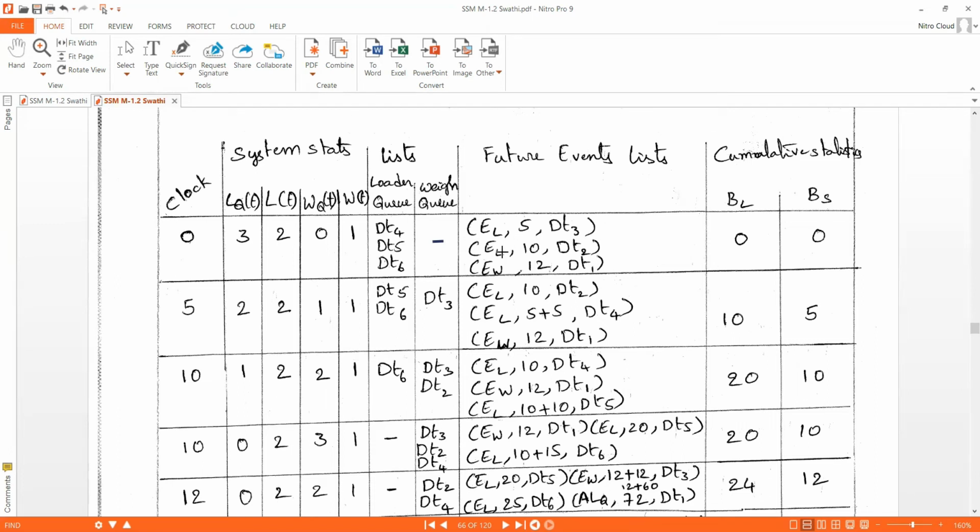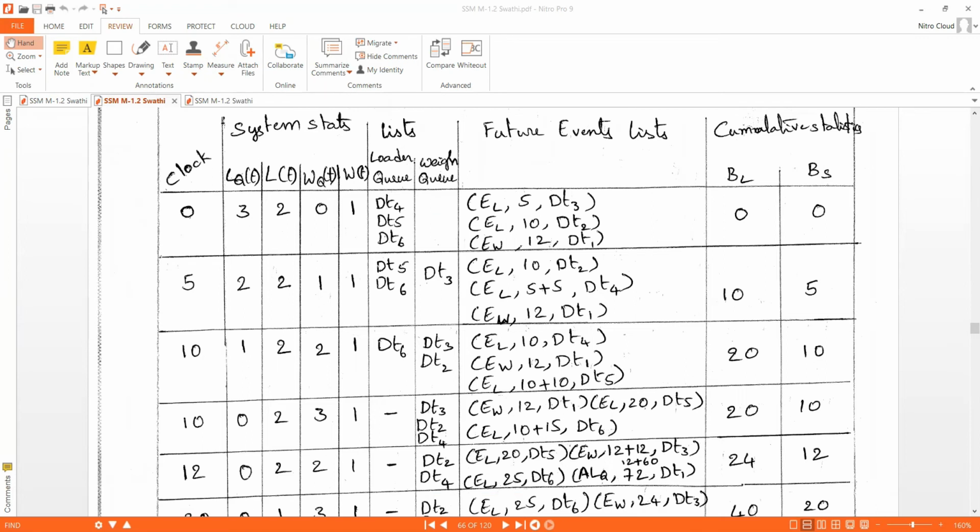The first event which is going to occur in the future is the ending of loading of DT3 at simulation clock time 5. Here in the second row, the clock is advanced to t equal to 5, because in the future event list, the ending loading time of DT3 is going to occur at simulation clock time 5.